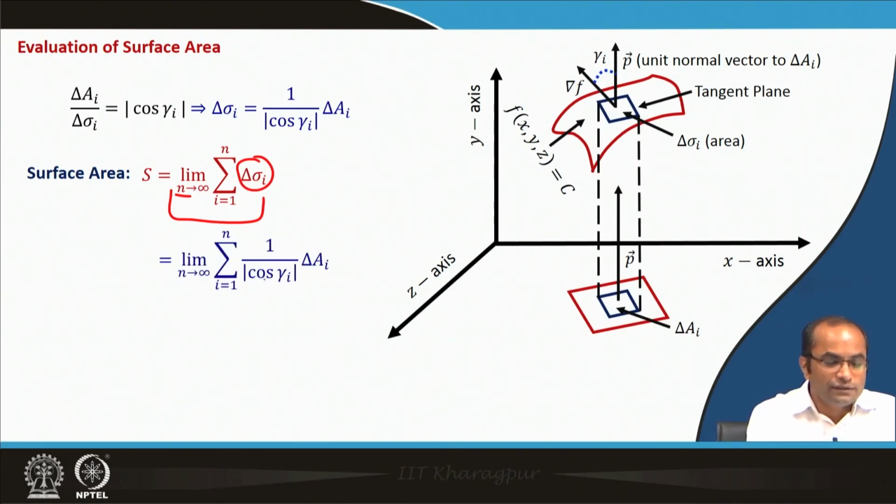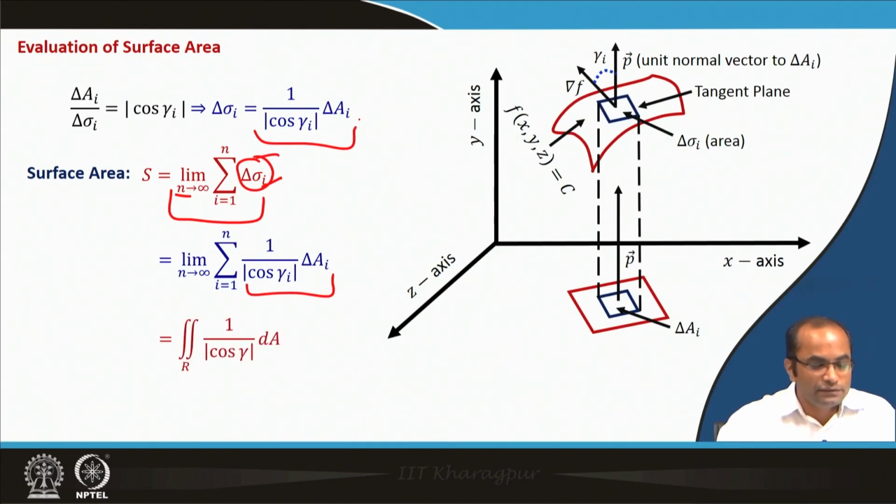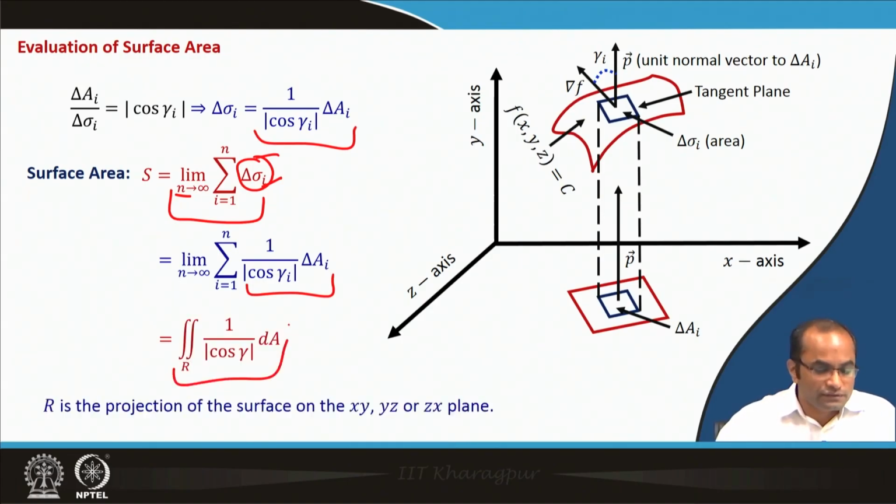So, we have now replaced the element delta sigma I by this given element, and then this is the integral which can be evaluated to get, for instance, the surface area. And this r is the projection of this surface on the xy, yz or zx plane.